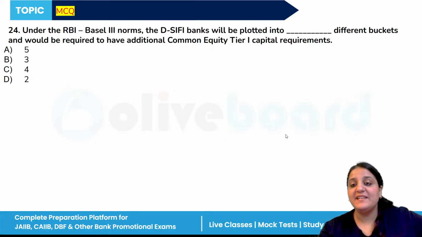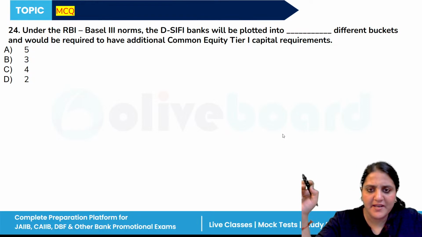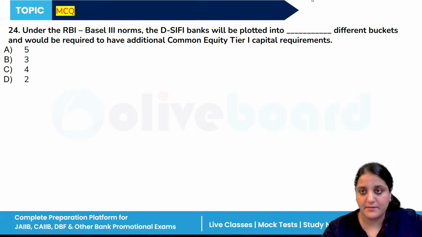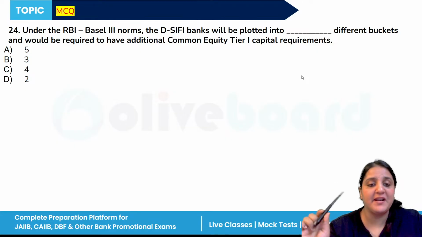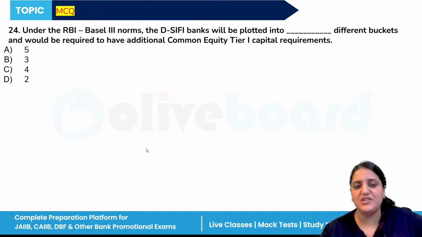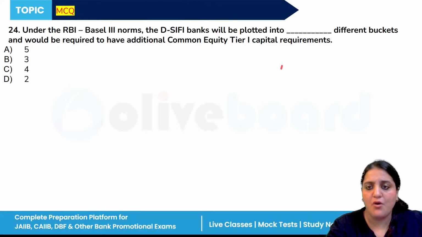These are classified into 5 buckets based on systemic importance. The higher the bucket, the higher the additional common equity tier 1 capital requirement. So how many buckets are there? 5 buckets, right? In which different percentages are mentioned. So we can say the correct answer is option A.